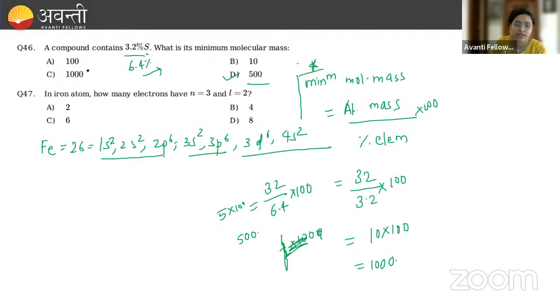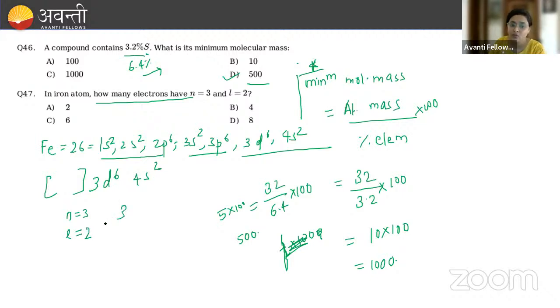So the outer electronic configuration is 3d6, 4s2, which comes after the noble gas. We are asked to determine how many electrons are there in n is equal to 3 and l is equal to 2. When the principal quantum number is 3 and the azimuthal quantum number is 2, which orbital is there?